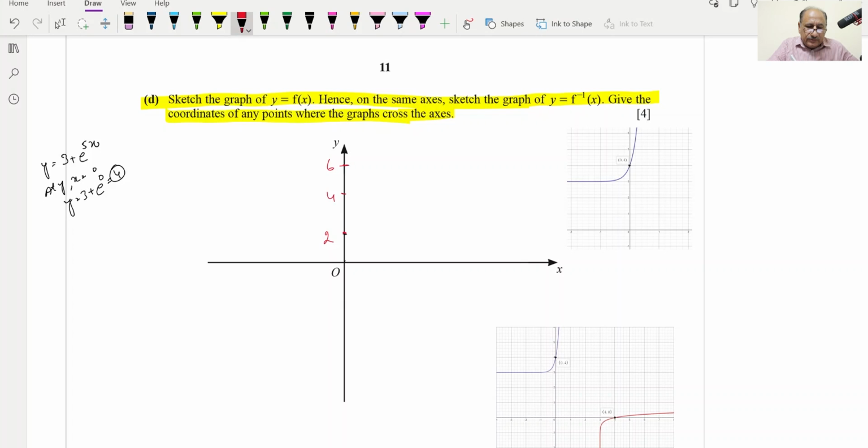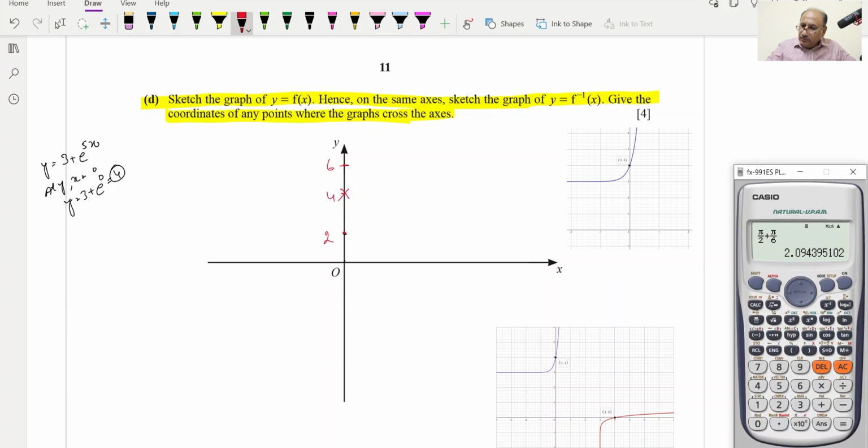And what else we can take, this is passing through this one, and if we check with the calculator, 3 plus e raised to the power 5x, the easiest way is to use the calculator.